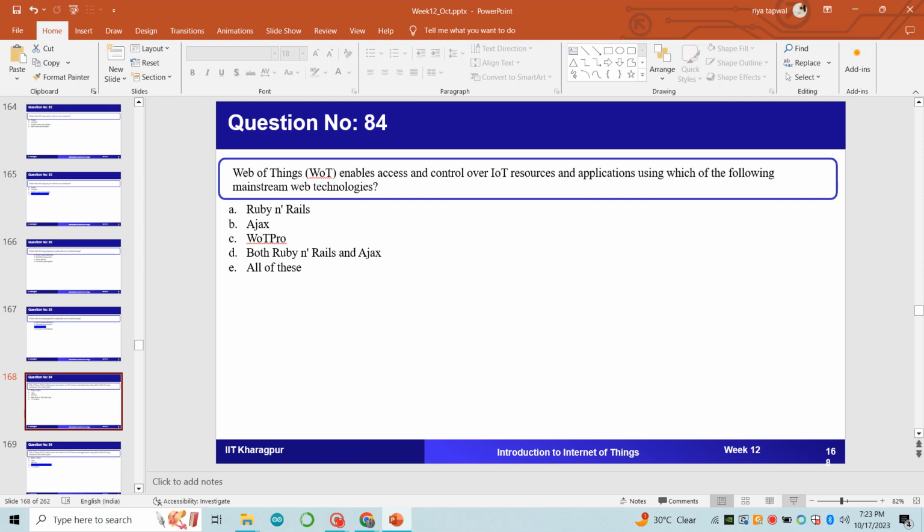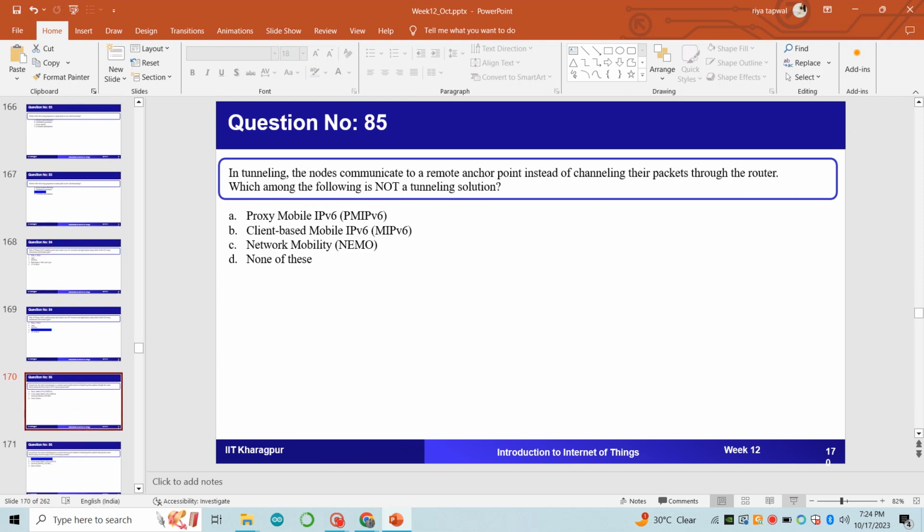Anyone? Correct option for this is D, both Ruby and Rails and Ajax.